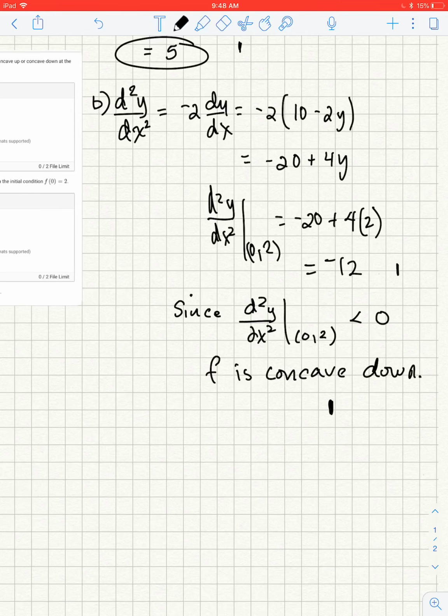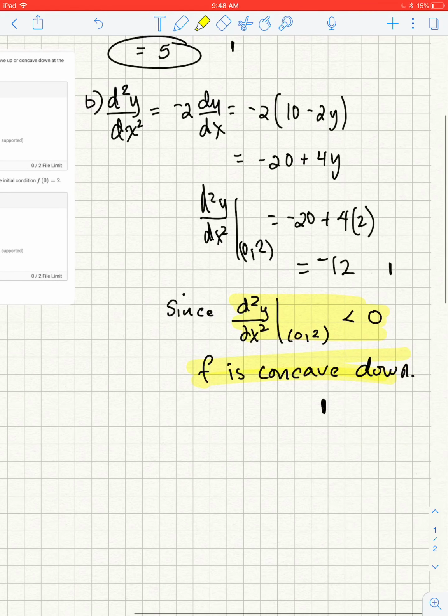So that gives you another point, but you have to state that the second derivative is negative, and then you could say that it's concave down. So again, that is the only way you're going to get a point for that one.